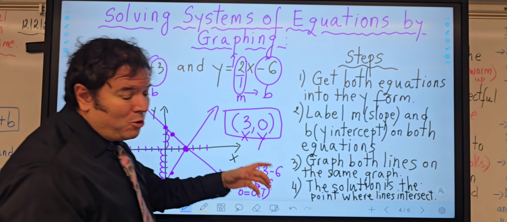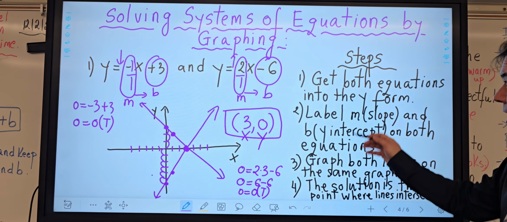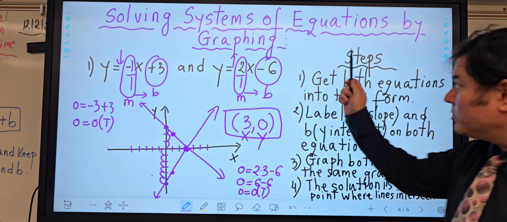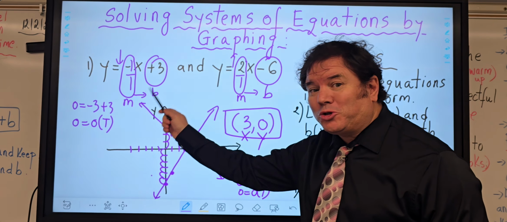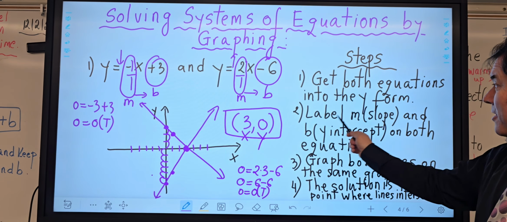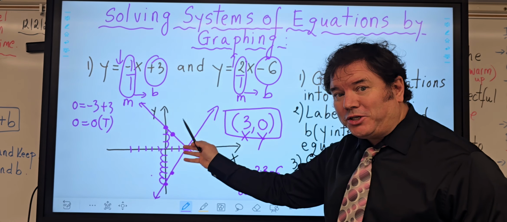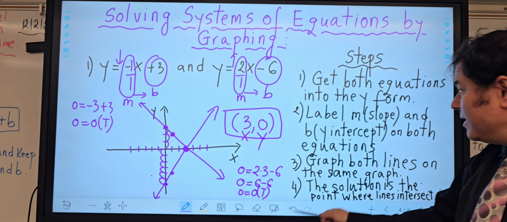And remember, always remember to follow these steps. Step number 1: get both equations into the y form. Please make sure y is by itself in both equations. Then we are going to label the m and the b in both equations. Please remember that.